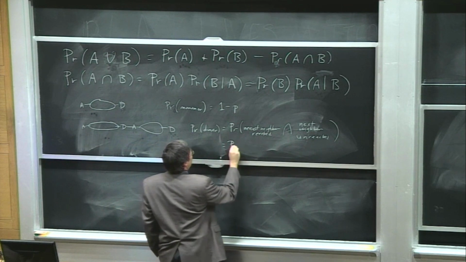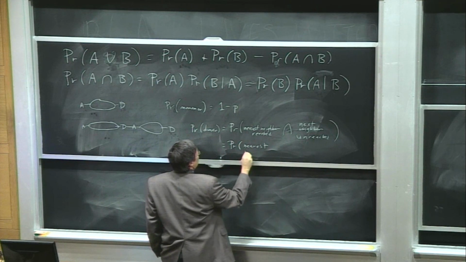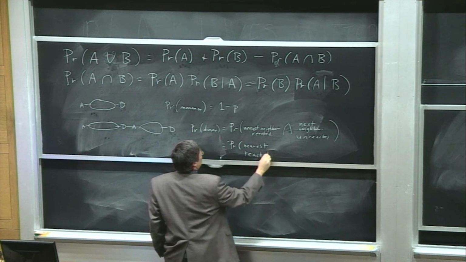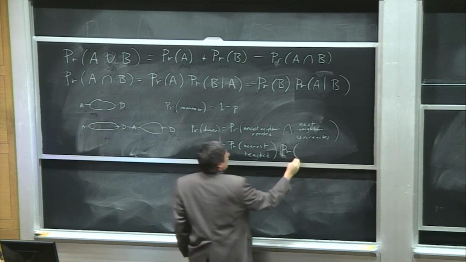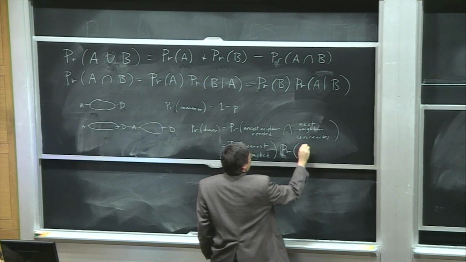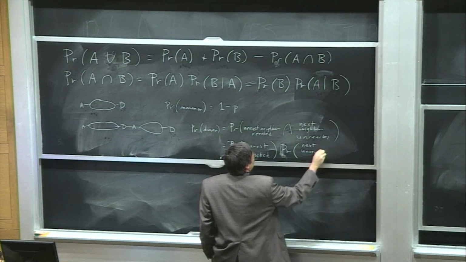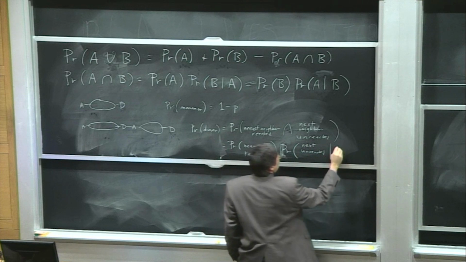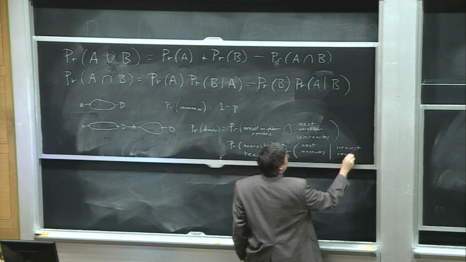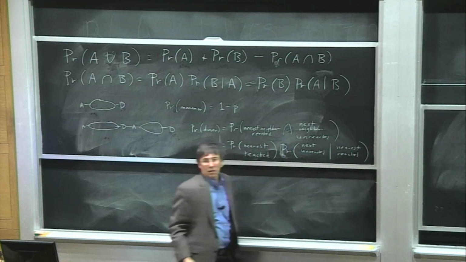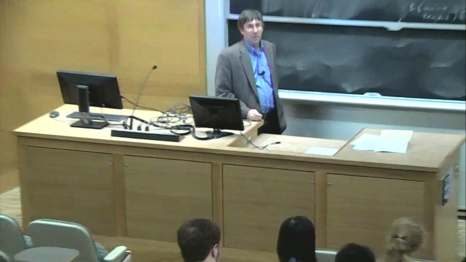I can say, what's the probability that my nearest neighbor reacted, times a conditional probability that the next is unreacted, if the nearest is reacted. So far, so good? You guys okay with this?